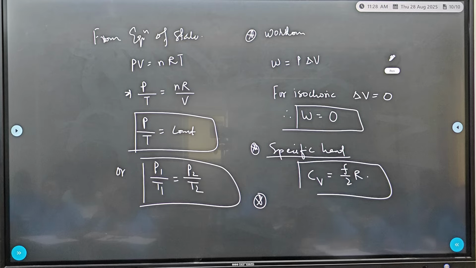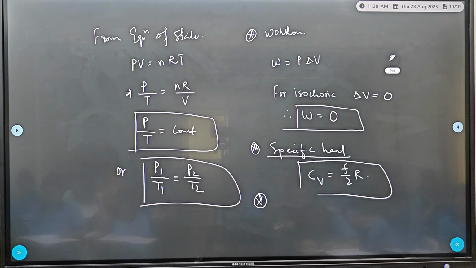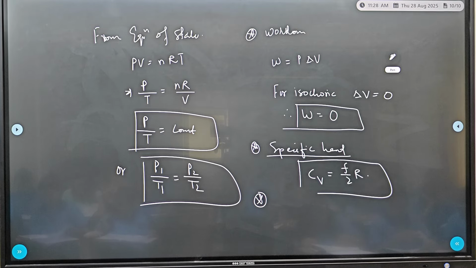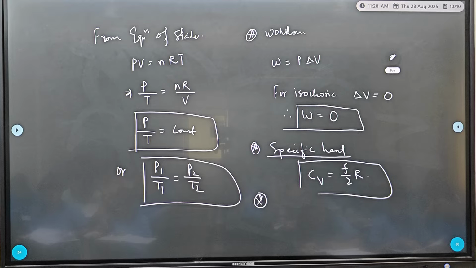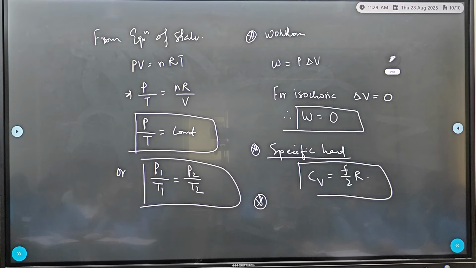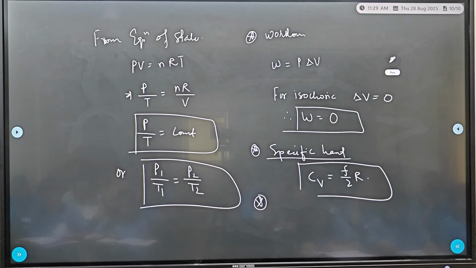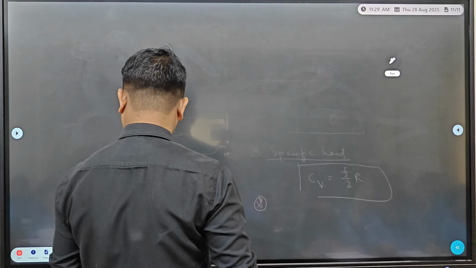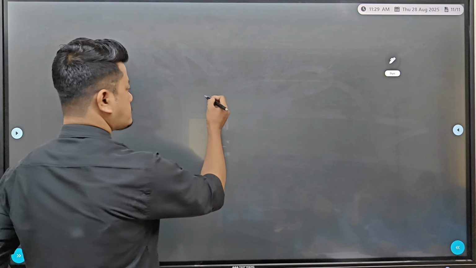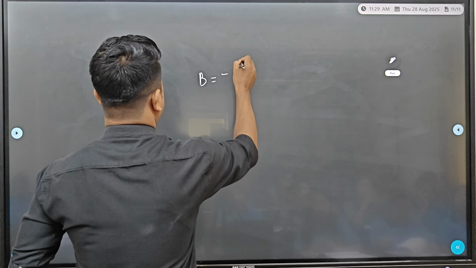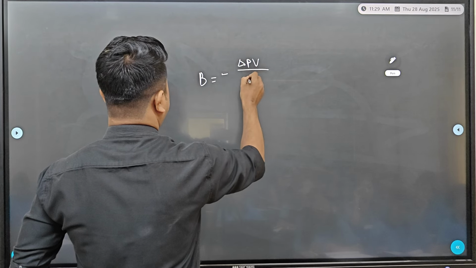Just think. Write the expression. What was the expression? B was minus del P V by del V, right?